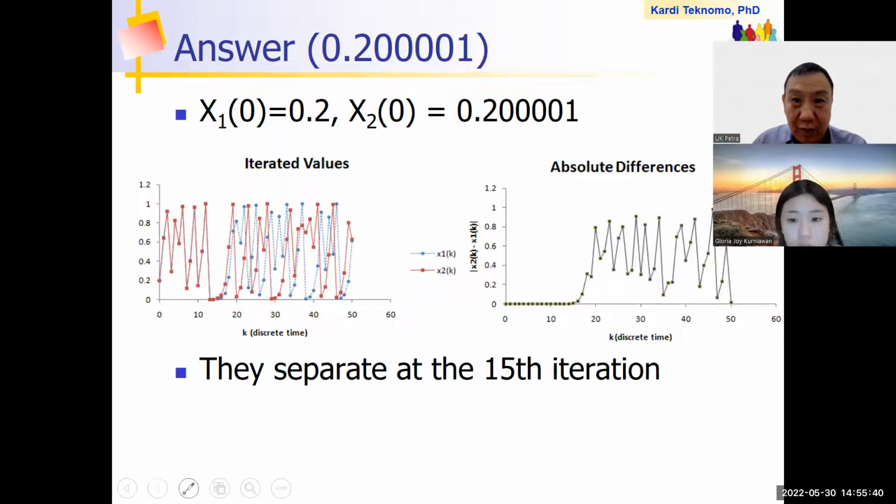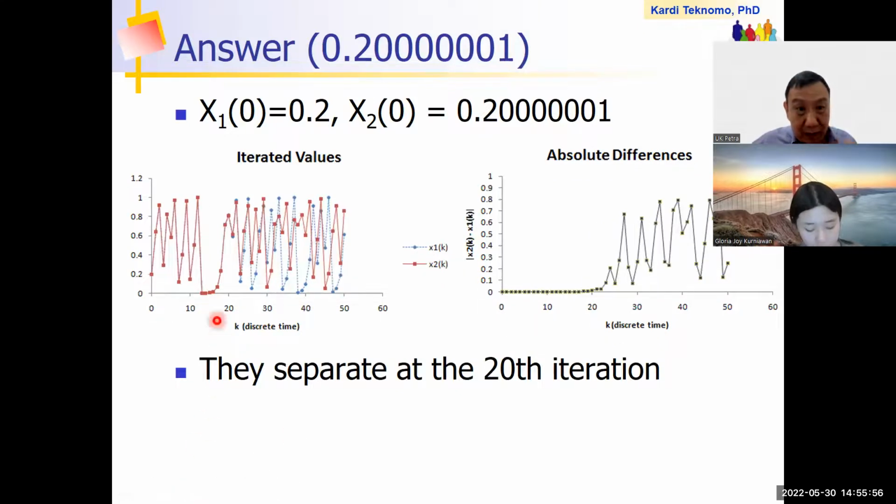Now, if you make it a lot of zeros in the back, in the beginning again it is almost the same, but after 15 iterations, it will change a lot, and so on. Right? So here in the beginning, if you have a lot of zeros in the back, the beginning is the same, right? After 20 iterations, it will start to change behavior.